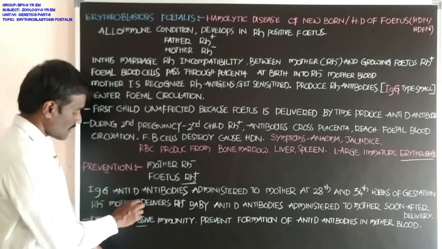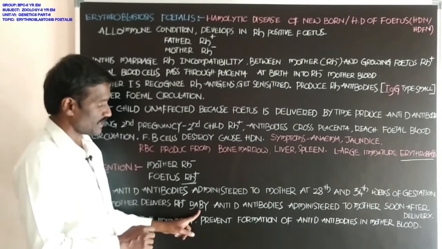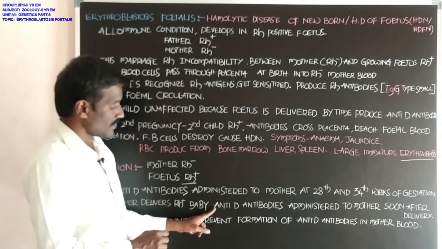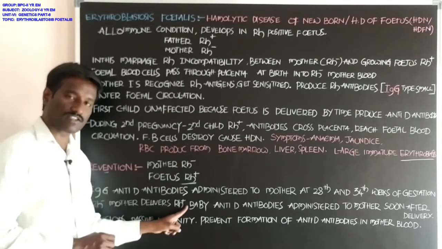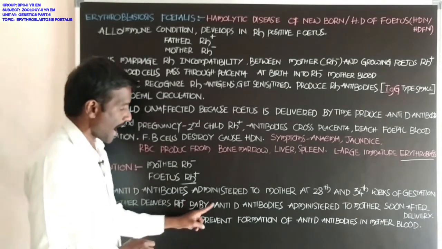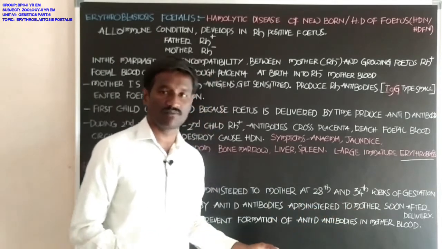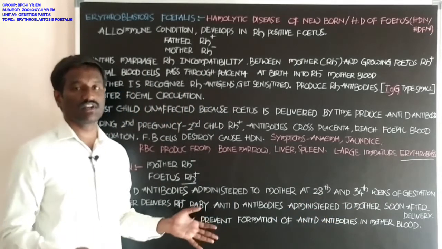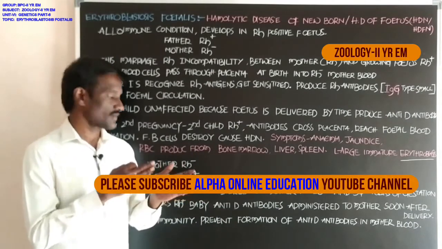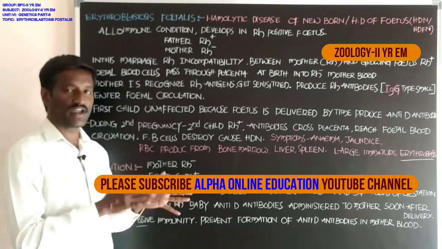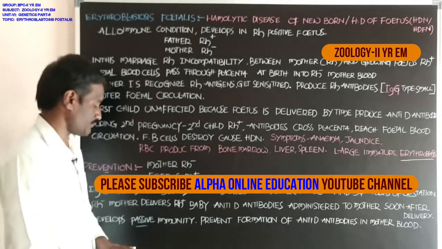When an Rh negative mother delivers an Rh positive baby, anti-D antibodies are administered to the mother soon after delivery. Soon after the delivery, these antibodies are administered into the mother's body.